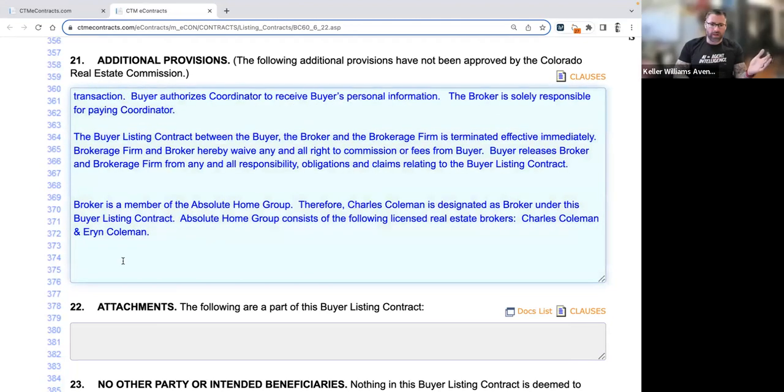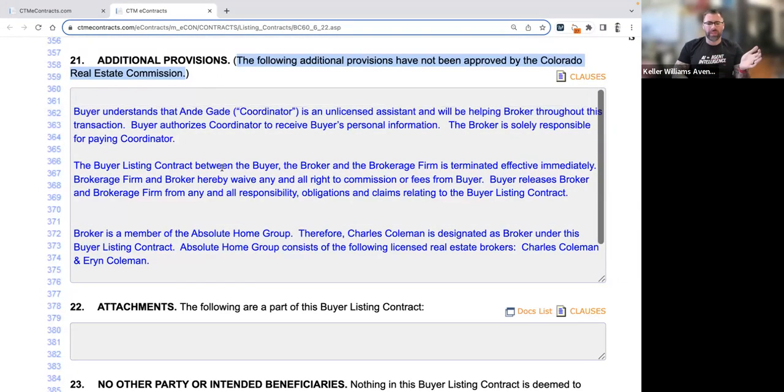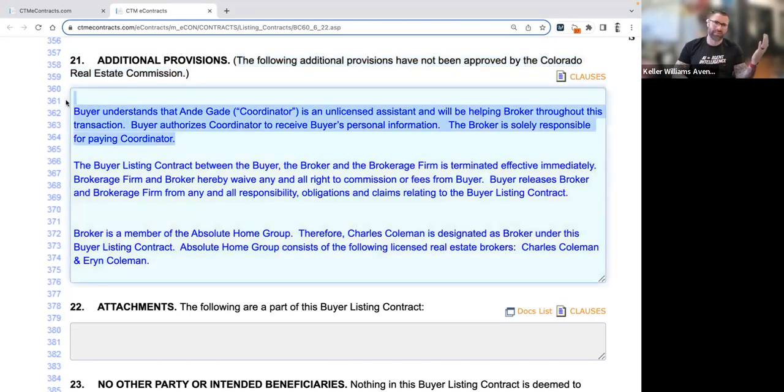So as we're talking about that one, we have the ability to practice limited law, right? This is a fill in the blank contract. We have the ability to write our own provisions in here. Now, this is the thing. Minus some of these different pieces like my transaction coordinator, this is just CYA, but it's also information for the buyer.